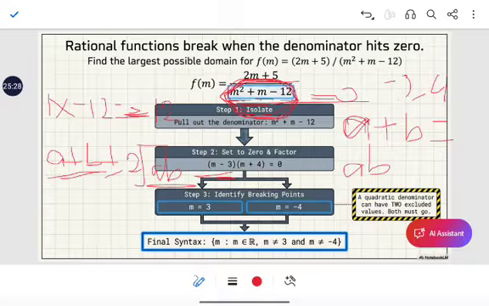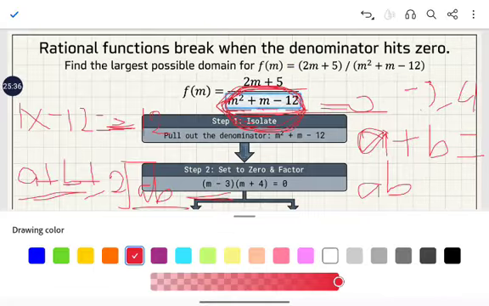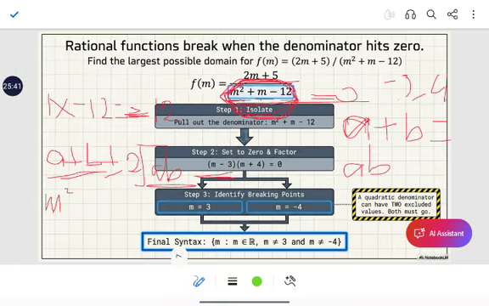And so what do I write? My new equation will be m squared plus 4m minus 3m minus 12. Okay, so if I put this in brackets and I factor the m out, this is what we get.